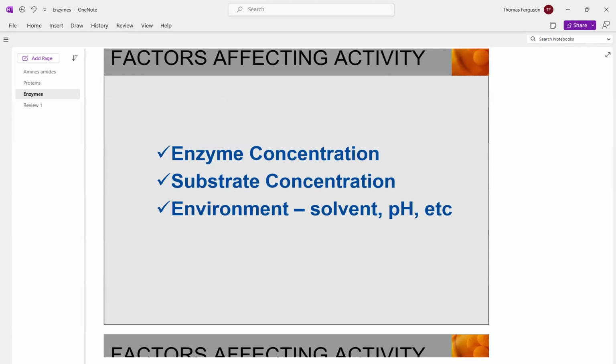That's solvent, which doesn't come into play in the body because it's just a water environment, it doesn't change, but pH and temperature do change. That's why the body goes to great lengths to make sure both of those are well regulated. That's why it's a big deal when you run a fever, because your enzymes stop working.